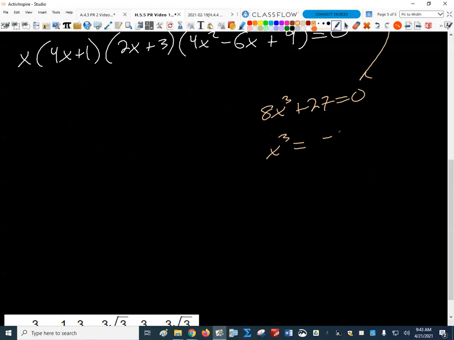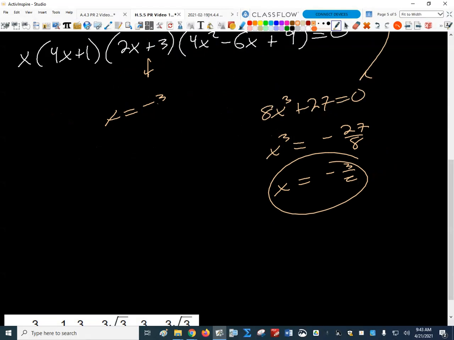I just get x cubed equals negative 27/8. If I cube root both sides, I get x equals negative 3/2, which is what I get from this guy. Everybody see that? Okay. But if I'm trying to find all the zeros, I have to keep going. Okay, thumbs up, thumbs down, thumbs sideways. How we doing? Okay, I'm done. You guys can work.